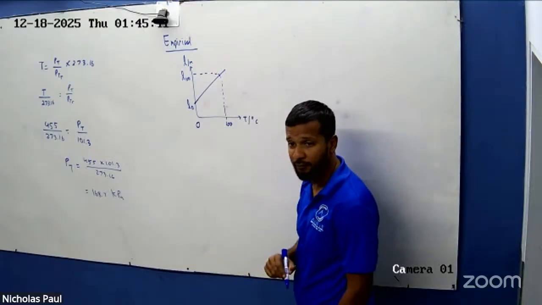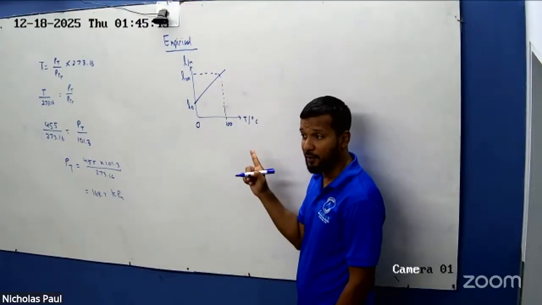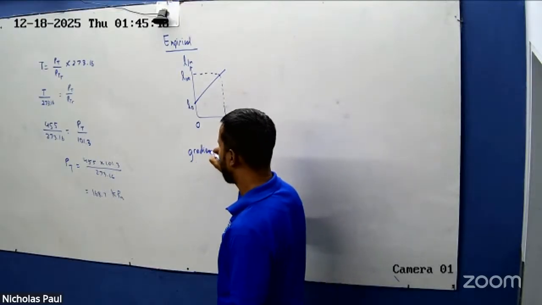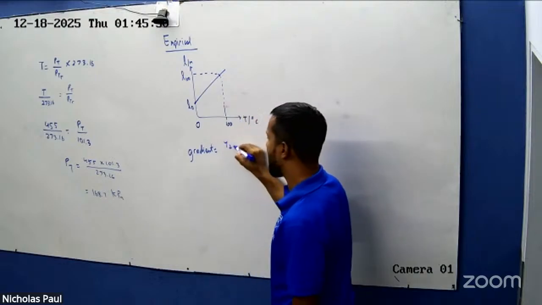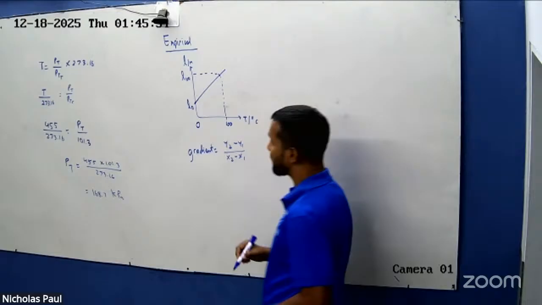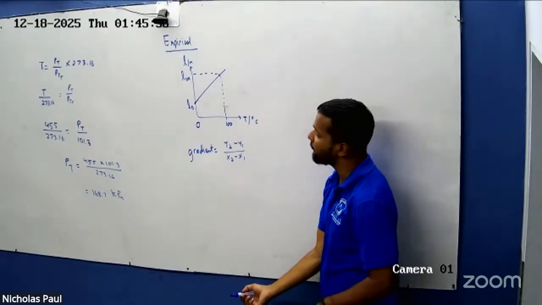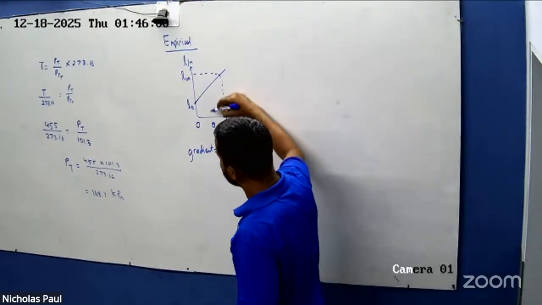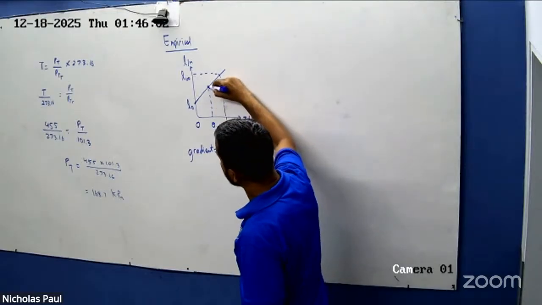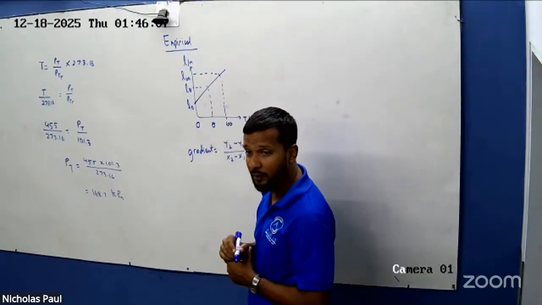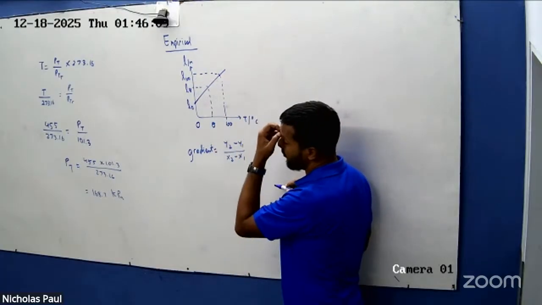So we're going to develop a formula from this. Everybody remember how to find gradient? Gradient is Y2 minus Y1 over X2 minus X1. We're trying to come up with a formula that will help us find theta. So theta corresponds to L theta.